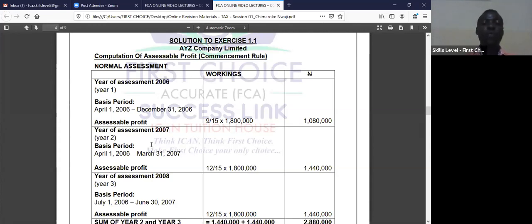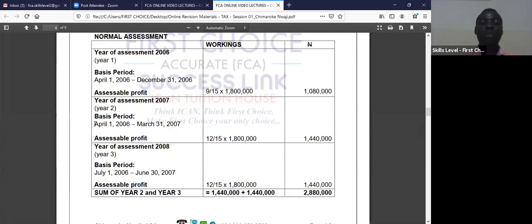But for year 2, we are doing a different method. From the date the business started, count 12 months. Year 3, you look at the end of the accounting date, it must be preceding year basis, and count 12 months back to get where it starts.